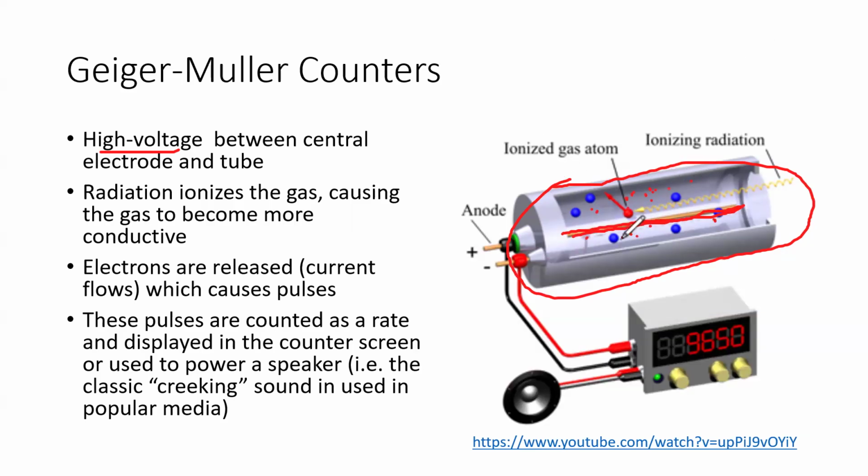Okay. However, they don't have an electric contact. They're not in electric contact. Now, once a radioactive particle or radioactive ray hits or passes through the gas inside your chamber, it actually electrifies or ionizes the gas.